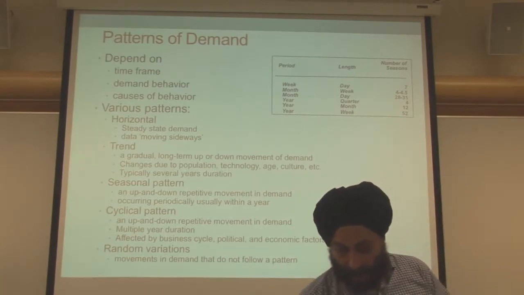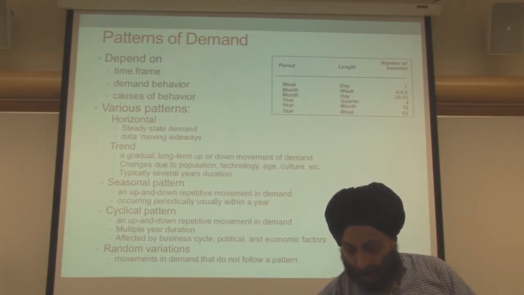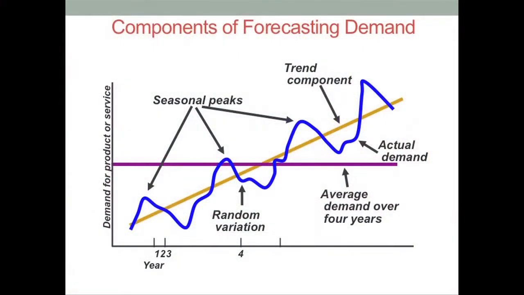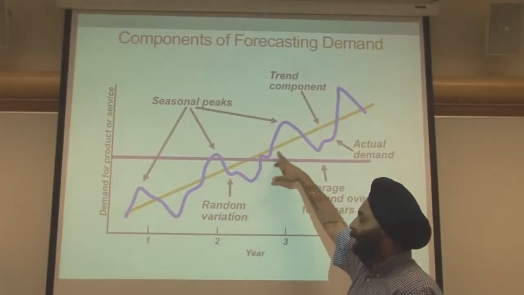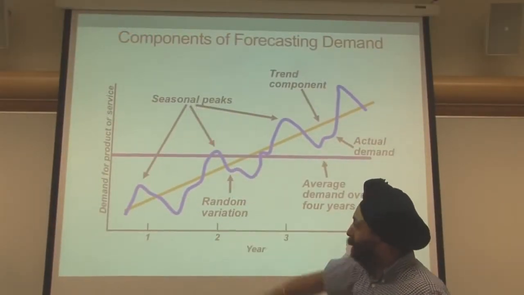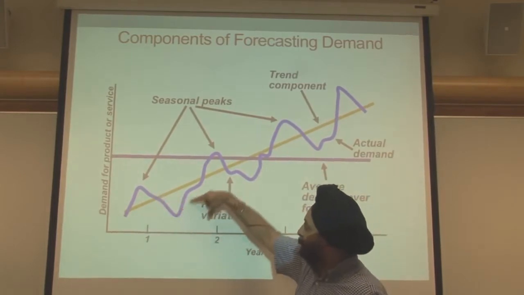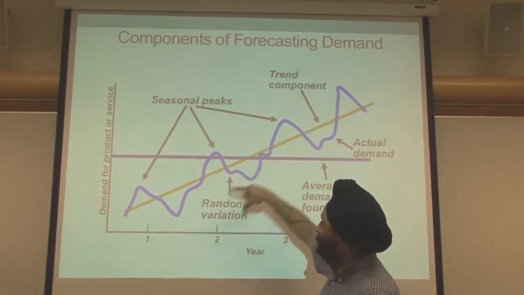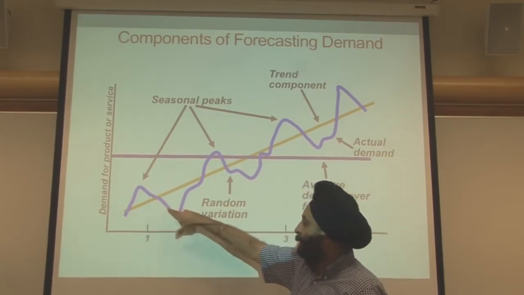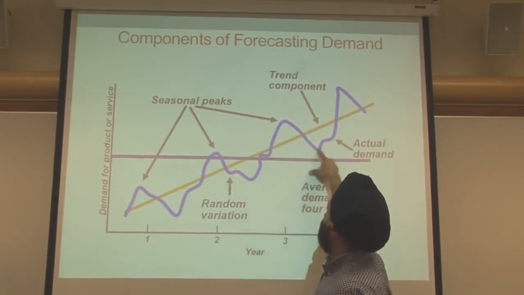If you want to look at it visually, you can see components of forecasting demand. You have the random variations, small squiggly lines that do not follow any pattern. And then you have the seasonal peaks. Every year, within a year, you can see a consistent pattern that is being repeated.